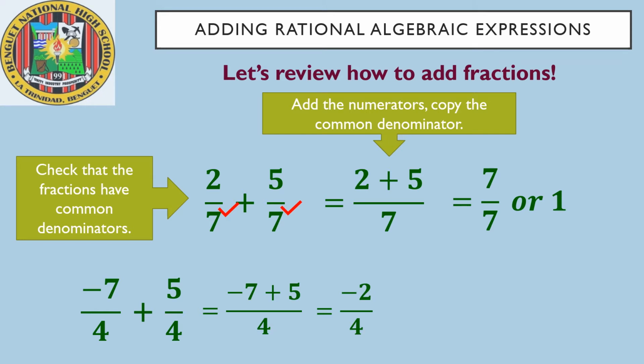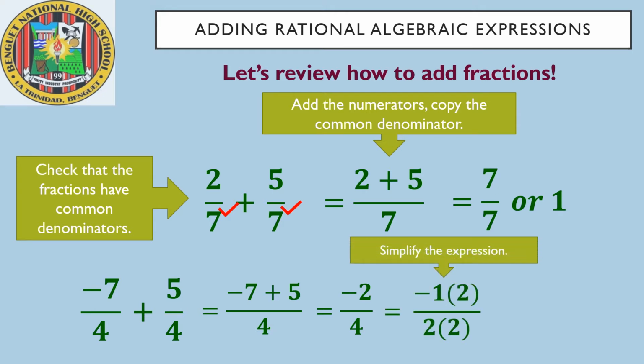But we have to simplify our final answer, which means we have to find and cancel out common factors between the numerator and denominator of our result. We see that the common factor of -2 and 4 is 2, so we cancel that out and get -1/2 as our final answer. Take note of this process as we discuss further.